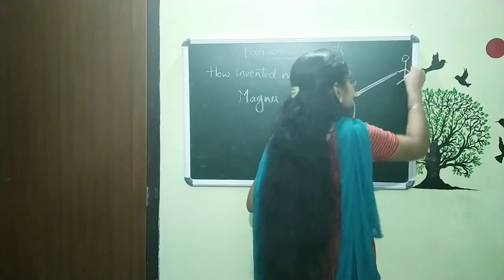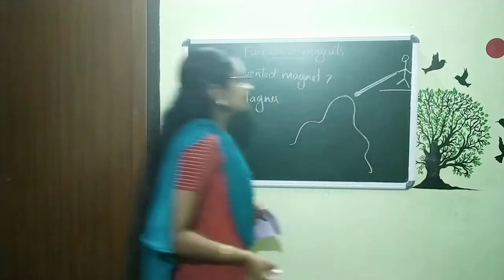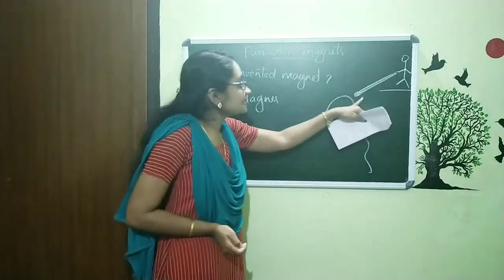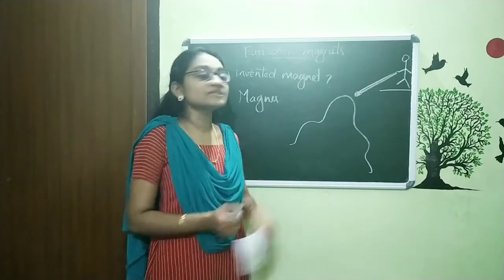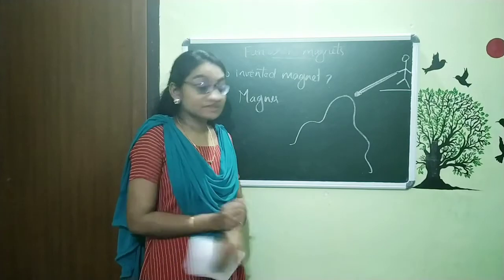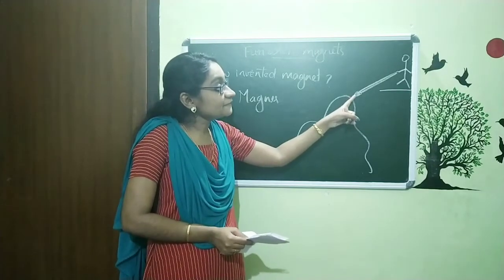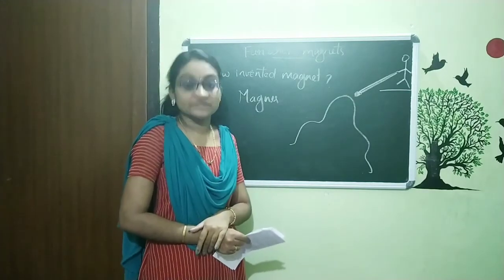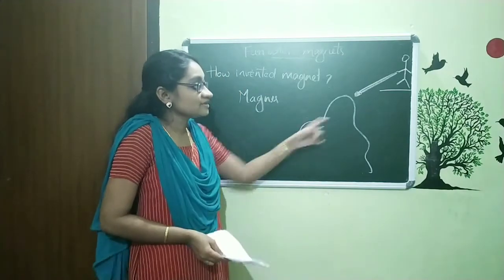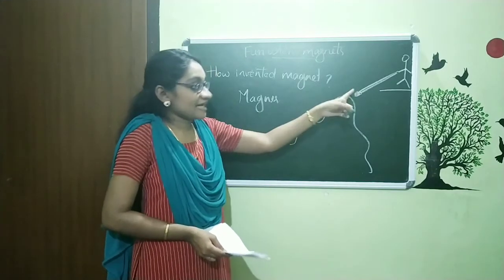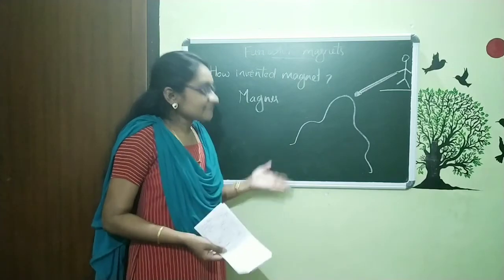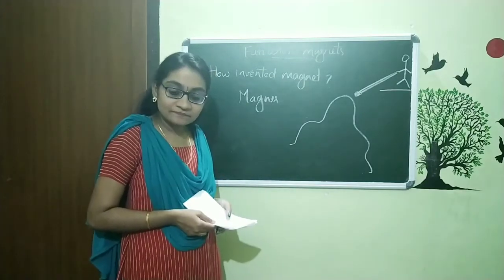This is our Magnus. When he is walking, accidentally his stick got stuck on this rock. Later he understood that the iron piece was responsible for this. When he tried to pull it away, nothing happened because this rock attracts and sticks to this piece of iron. So this is our magnet.